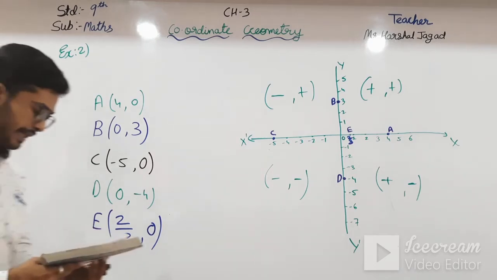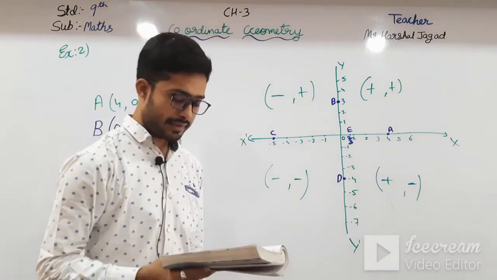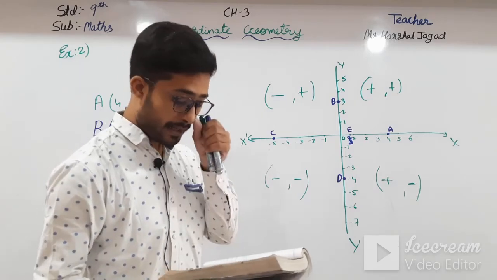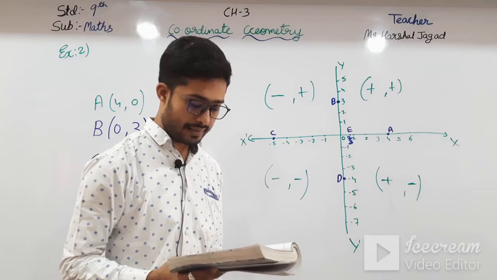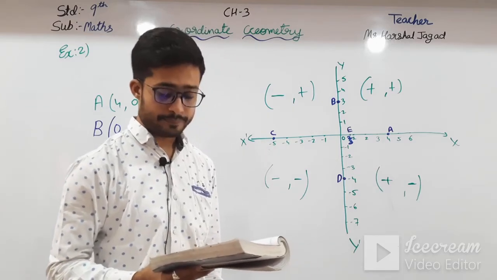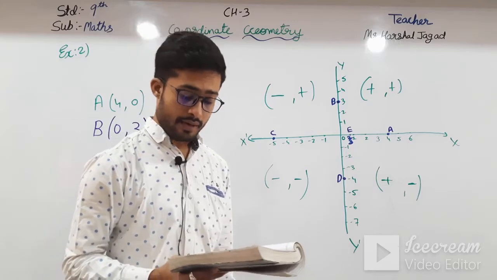I am just reading that if a point is in the second quadrant, then the point will be in the form of negative, positive, since the second quadrant is enclosed by the negative x axis and the positive y axis.